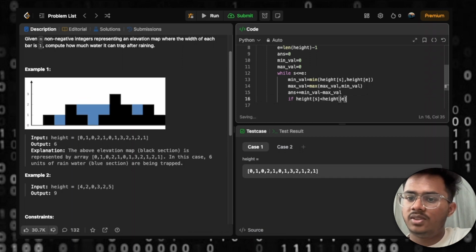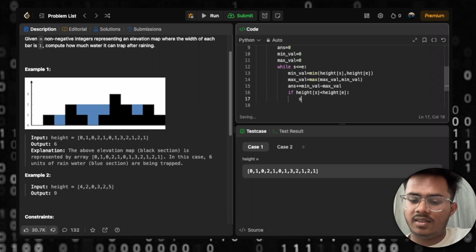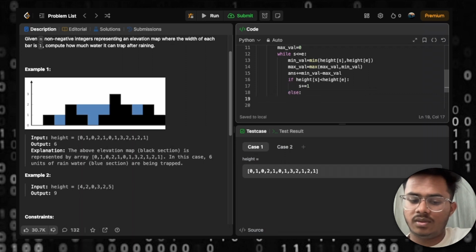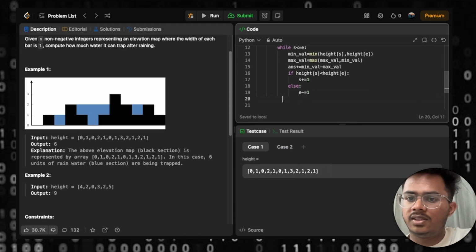If the height of the starting point is less than the height of the ending point, then we'll increase the starting point by 1, start plus equals 1, and else we'll decrease the ending point, end minus equals 1. After that, we just need to return the answer. Return answer.